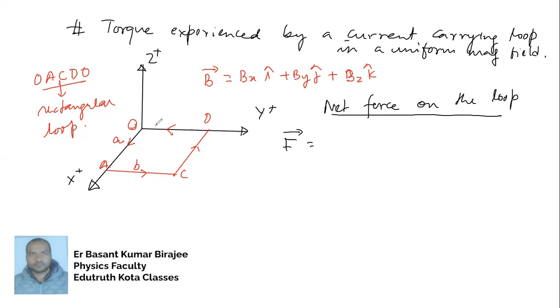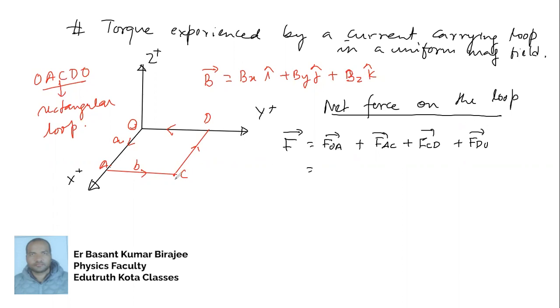So let the force experienced by OA arm be F_OA, then the force experienced by AC arm, F_AC, then the force experienced by CD arm, and then the force experienced by DO arm.